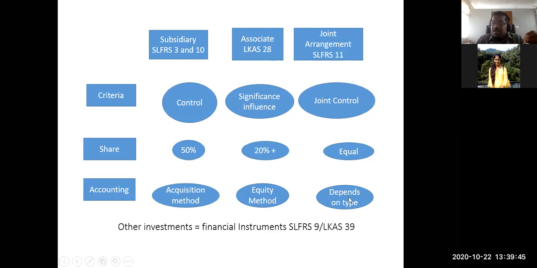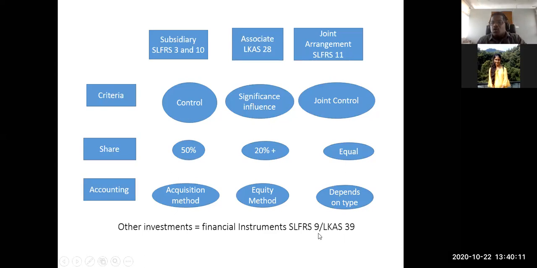One is joint venture, the other one is joint operation. There are two types. We will discuss that. If it is a joint venture, it comes under the equity method. Other investments come under financial instruments, SLFRS 9 and LKAS 39, which we have to account for.